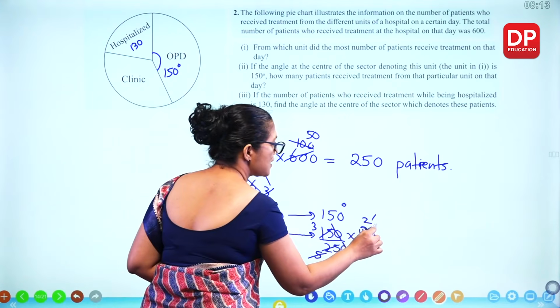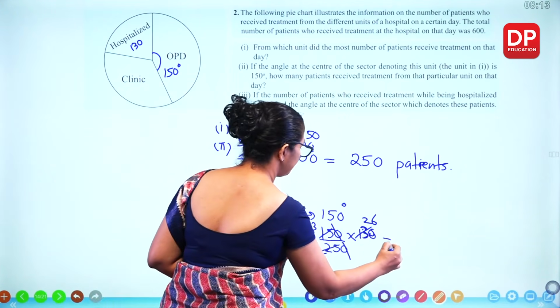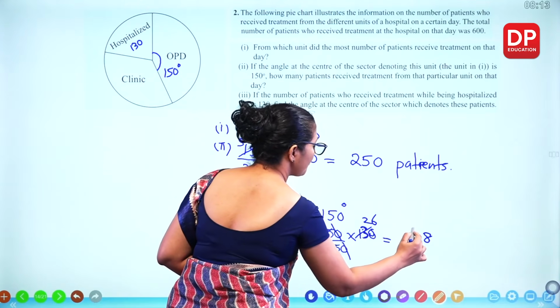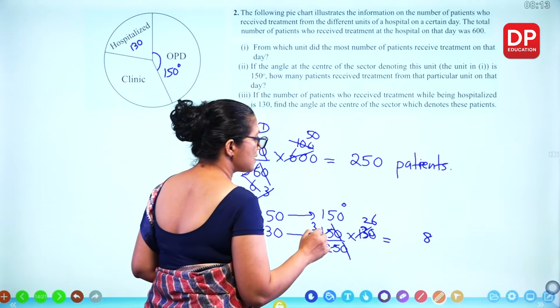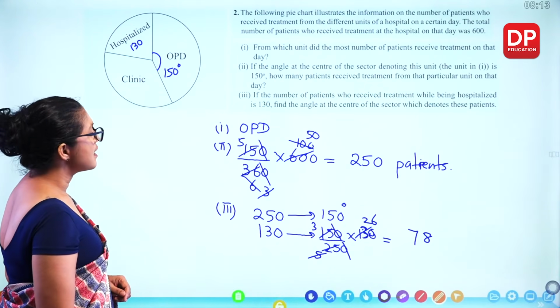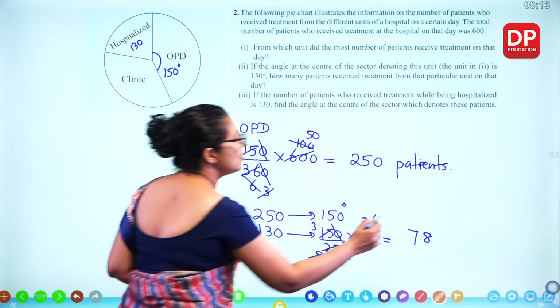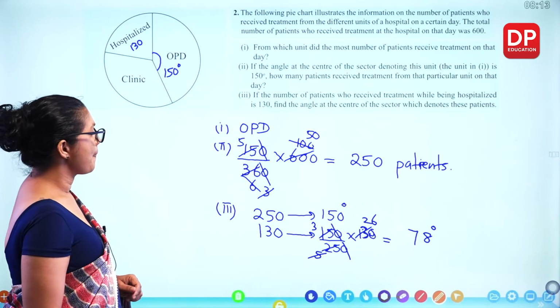For 30, 5 times 6. Then 3 times 26. 3 times 6, 18. 1 remaining. 3 times 2, 6. 6 plus 1, 7. So here they are asking what's the angle. So it's 78 degrees.